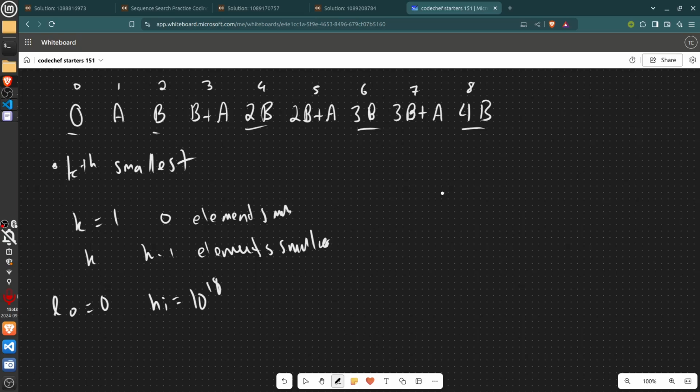Take the value of this. So say you're guessing some value x, right? Let's say x is equal to 4b, for instance. If you take this value x and you divide it by 2, what are you going to get?